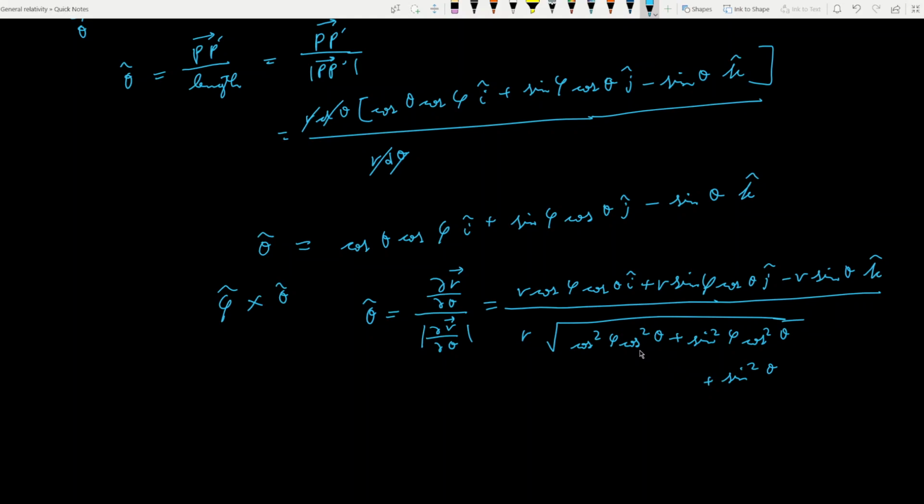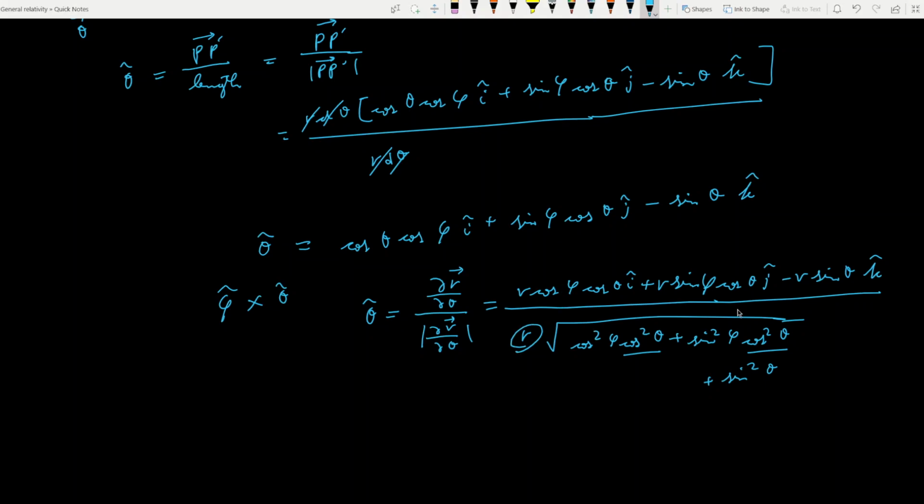Now if we take cos² θ common in these two terms, we are left with sin² φ plus cos² φ, which is just 1, and then cos² θ plus sin² θ, which is 1, and the square root of that leaves us with 1. So basically we have this r on the bottom.